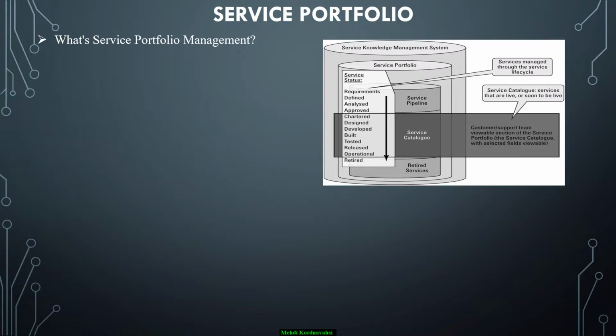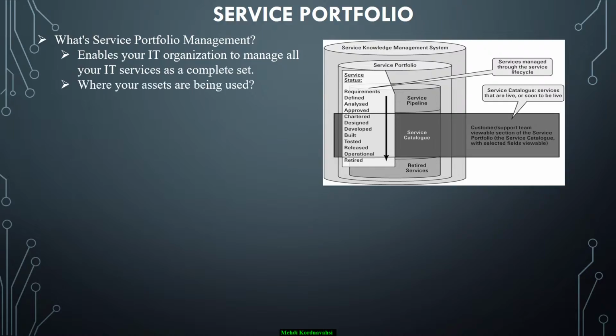It enables your IT organization to manage all your IT services as a complete set. This means you can understand where your assets are being used and which services consume most assets, both resources and capabilities.